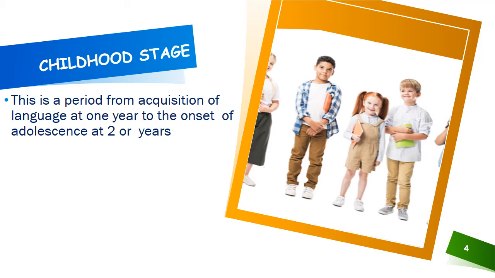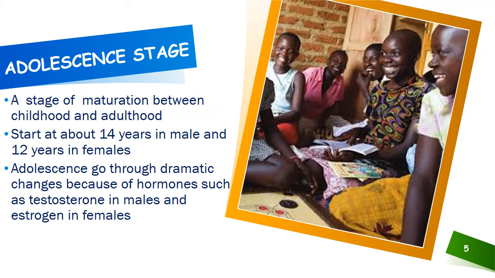So we can move on to look at the third stage, which is adolescence. At the adolescence stage, this is a stage of maturation between childhood and adulthood. The period starts at about 14 years in males and 12 years in females. Okay, but there's early onset.